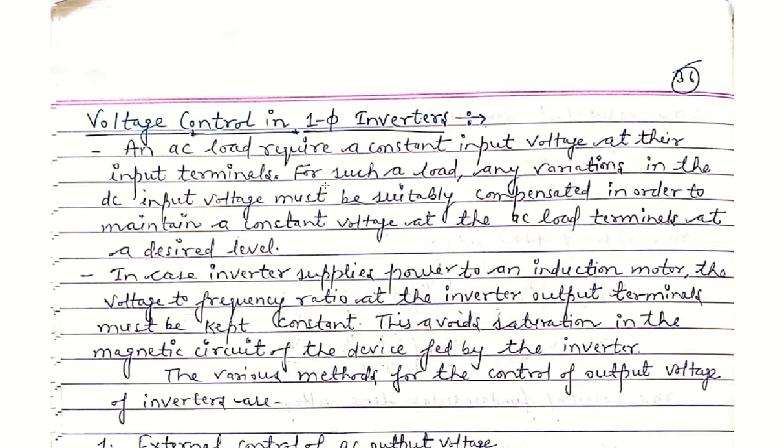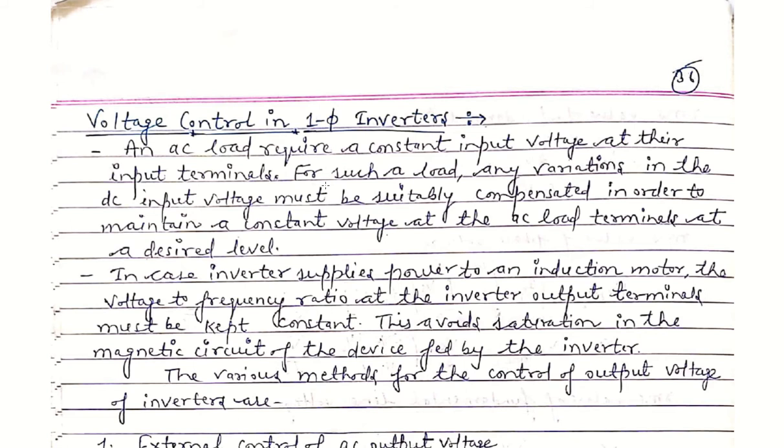As in my introductory section of this inverter lecture, we define the inverter as a power electronic circuit which converts fixed DC to a variable AC voltage. So it is a DC to AC converter. As it converts fixed DC to variable AC, the output voltage is variable in the sense that it has variable magnitude as well as variable frequency.